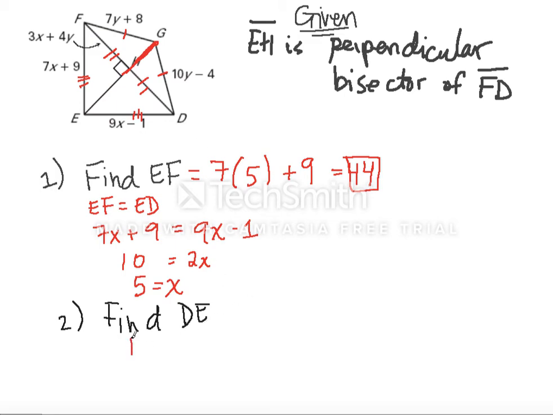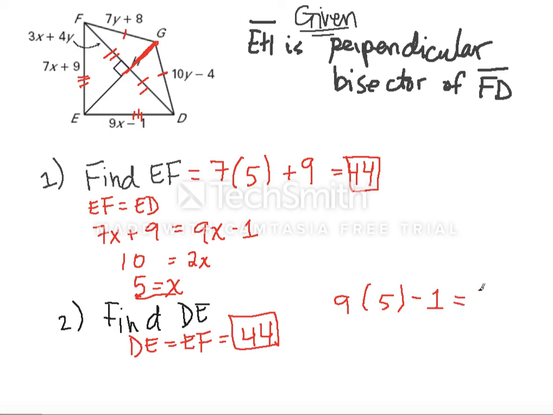So since we know that DE is equal to EF, we can simply say that DE is equal to 44 as well. And if we want to check, we can just take 5 here for x and plug it into 9x minus 1. So just to check, 9 times 5 is 45 minus 1 is still 44.